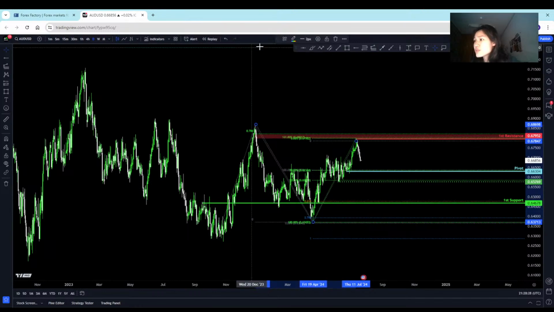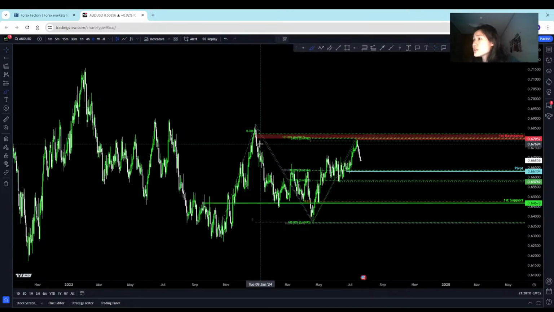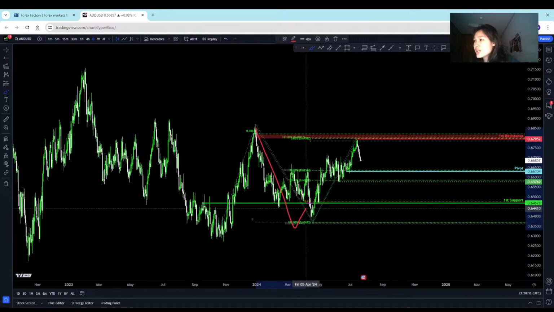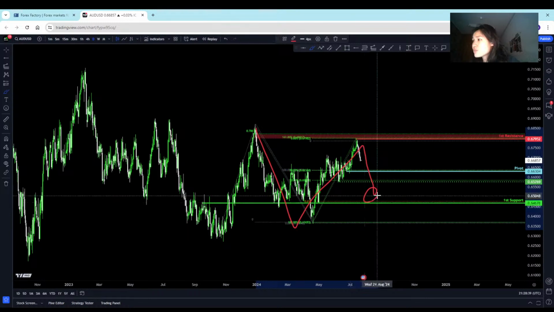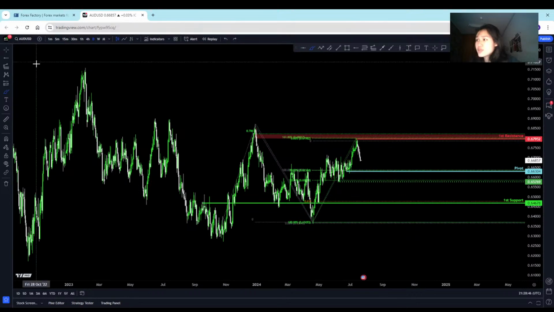My 61 also lines up. Again, the shape here is a lightning bolt shape. I'm projecting where price might hit towards. So the 61 is in line with our first support.